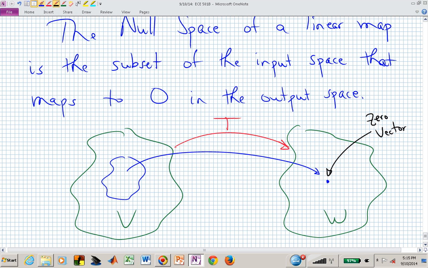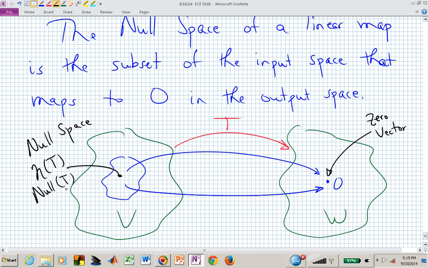So no matter where we are in this subset, all of those points are going to go to the 0 vector, and this subset is called the null space, or we might call it N of T, or null of T. We want to know, can we identify for a particular map what this subset represents or looks like? And that's where we're going to go. We're also going to ask, where can we get to through this linear map? What's the range? What's the range space? Those two will actually be subspaces, and we'll pick up at that point next time.